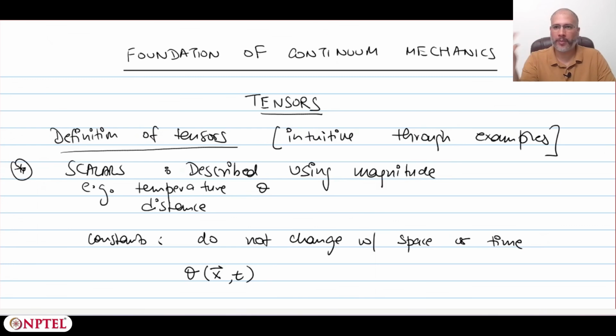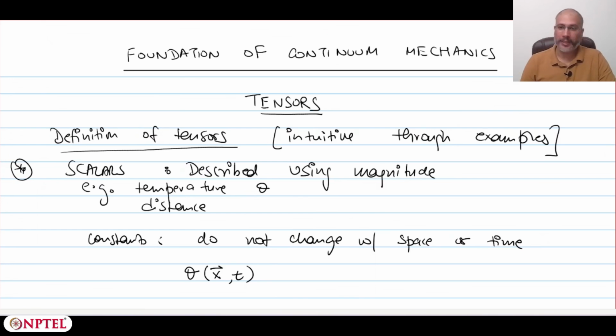Temperature usually will change with x, y, and z coordinates, that is positions in the room, as well as with time. We'll see that temperature in the morning is much colder than what it is in the afternoon. So scalars can be functions of space and time, so they definitely are not the same as constants.